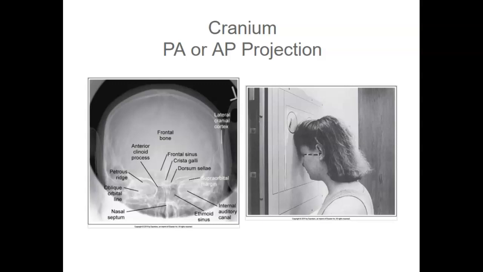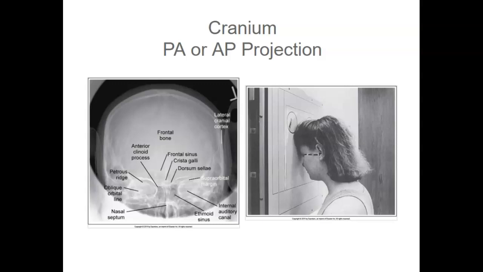The anterior clinoids and dorsum sellae for the cranium are seen superior to the ethmoid sinuses. The petrous ridges and supraorbital margins are superimposed, and the internal acoustic meatus are visualized horizontally through the center of the orbits.